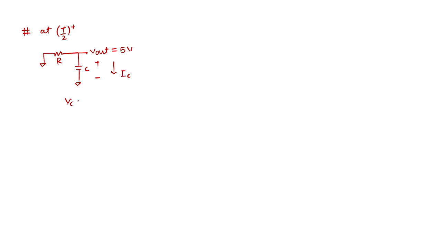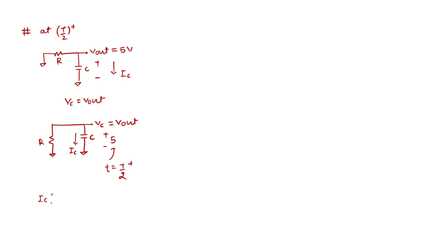VC is nothing but V out, which has only the resistor across it, so it will discharge to 0, because the discharging time constant RC is much smaller. So this is called VC or V out, which is 5 volt around T by 2 positive.